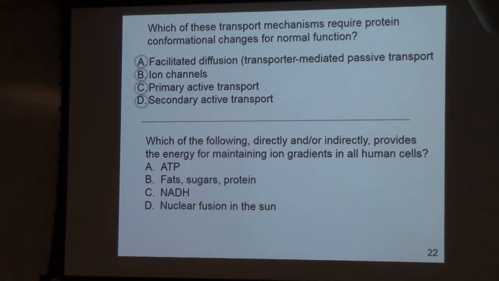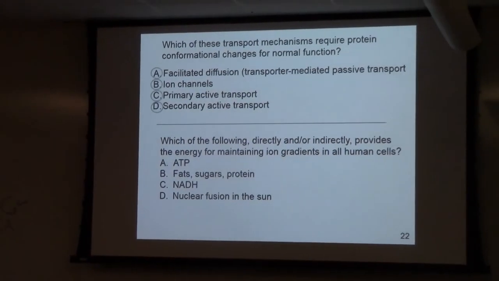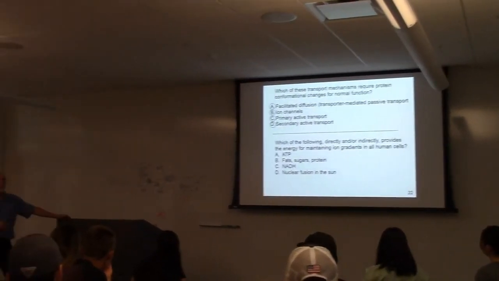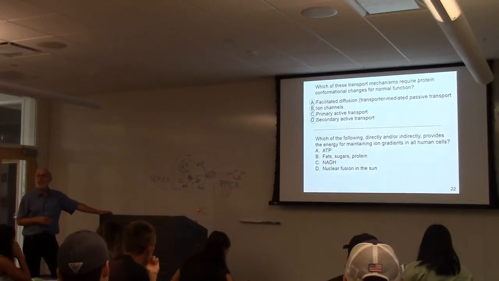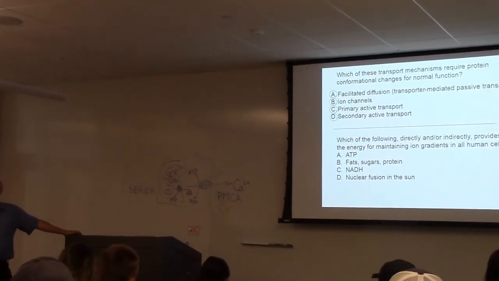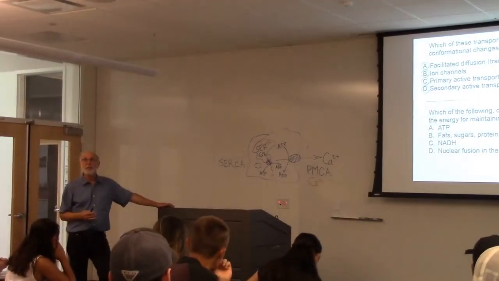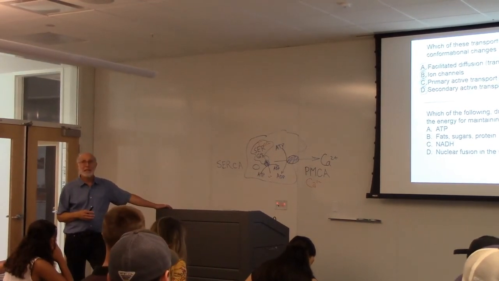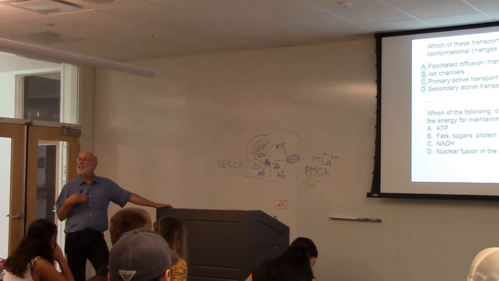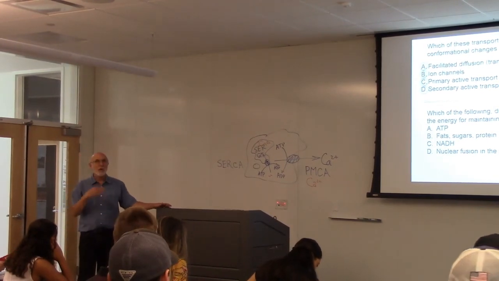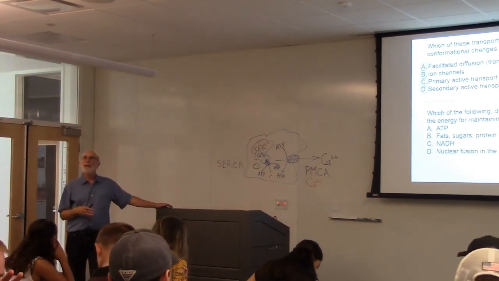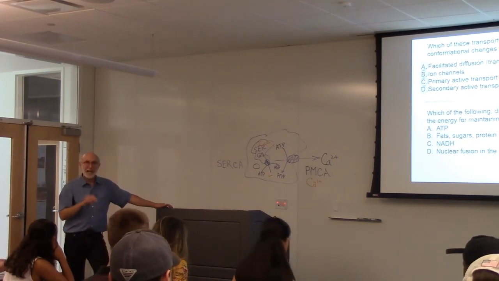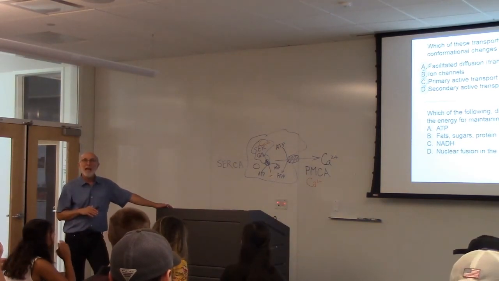Yeah, sure. Primary active transports use ATP. Is B true? Sure. Those are the food sources that mitochondria use to make ATP. So that's definitely a true statement indirectly. Is C true? Yes, it is. NADH is the source of high energy electrons that the respiratory chain uses to make the proton gradient that makes ATP.